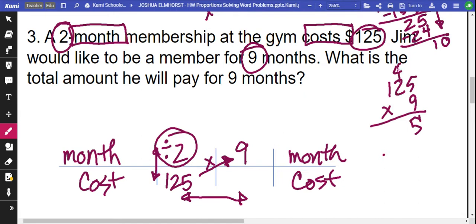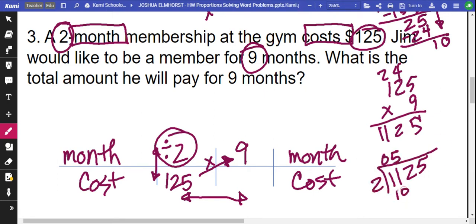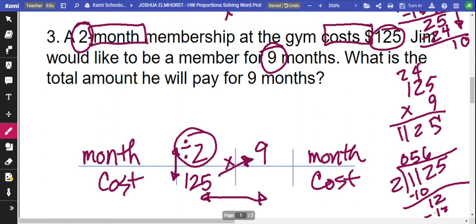9 times 2 is 18. So cross multiply and then divide. 125 divided by 2. It's going to give us 12. And 6 times 2 is 12. There is no remainder.